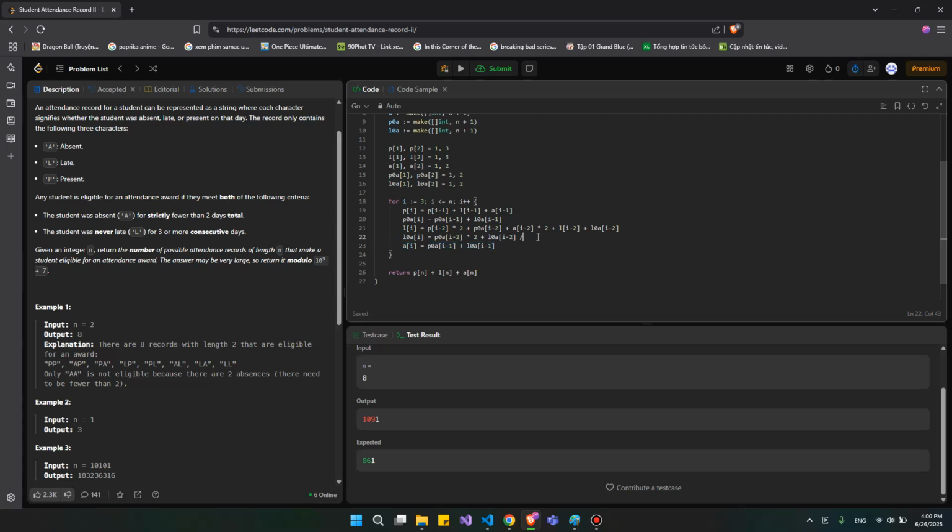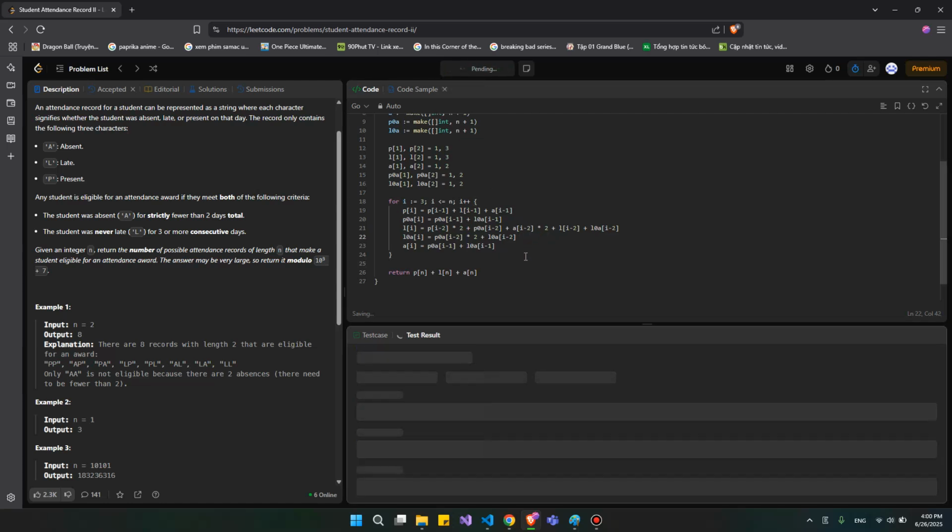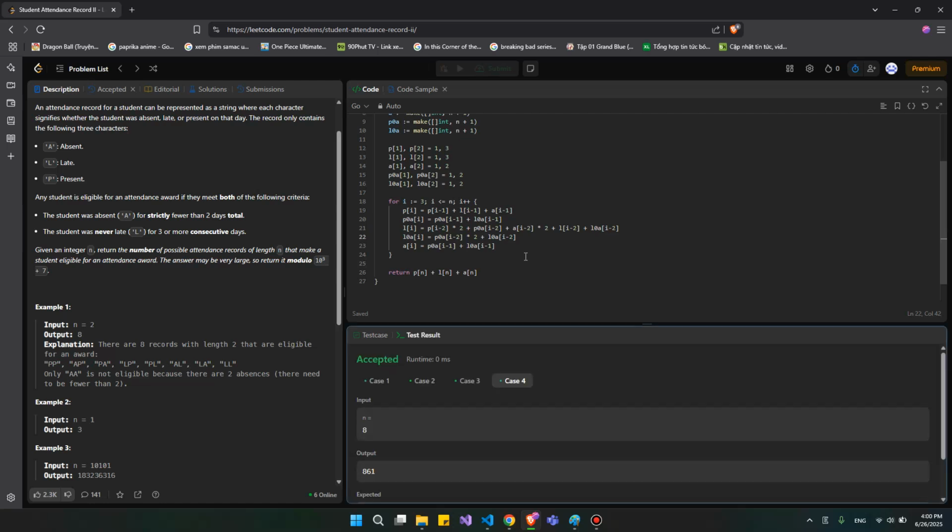When I realized, we have P0I, we have PL or PL, and then we have L here, only one. So it should be two. Okay, and now I will rewrite it to make it easier to see.